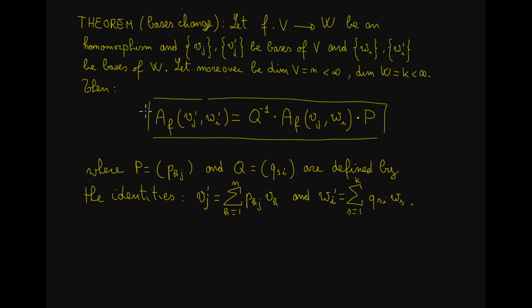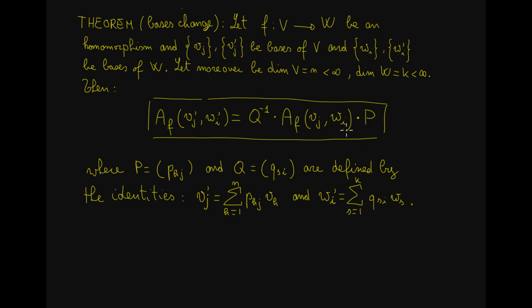Then we conclude the following equality, which is absolutely fundamental. We see that the associated matrix of F with respect of the prime basis is related to the associated matrix computed with the usual bases Vj and Wi, and the relation involves multiplications by two new matrices, one on the right and another one on the left.